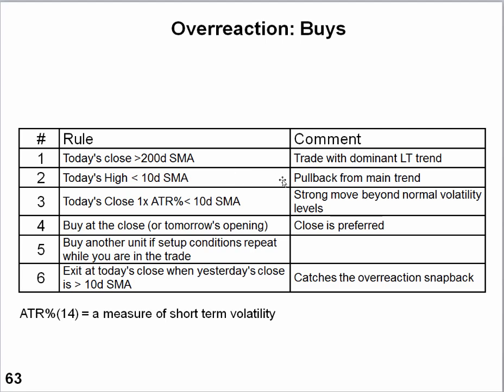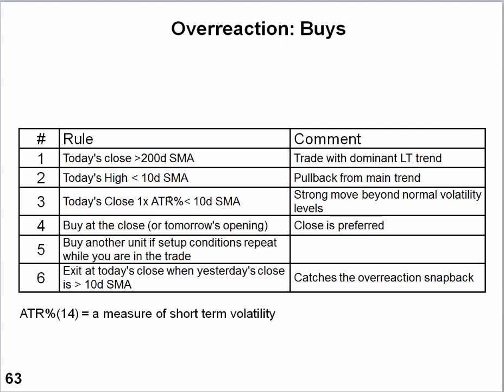And so, in order to buy, the first rule is that today's close is greater than the 200-day simple moving average, so we can trade on the long side in accordance with the dominant long-term trend. And we want today's high to be less than the 10-day simple moving average, so that tells us that we have pulled back or away from the main trend.